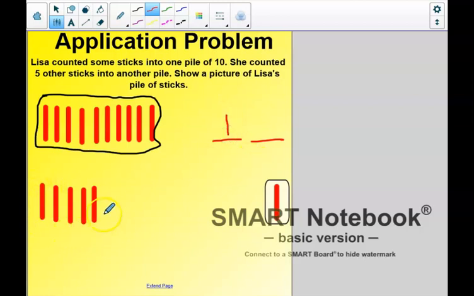And how many ones do we have? 5. Very good. 1, 2, 3, 4, 5. Okay. Does anyone know this number? You're right. It's 15. So total, we should have 15.